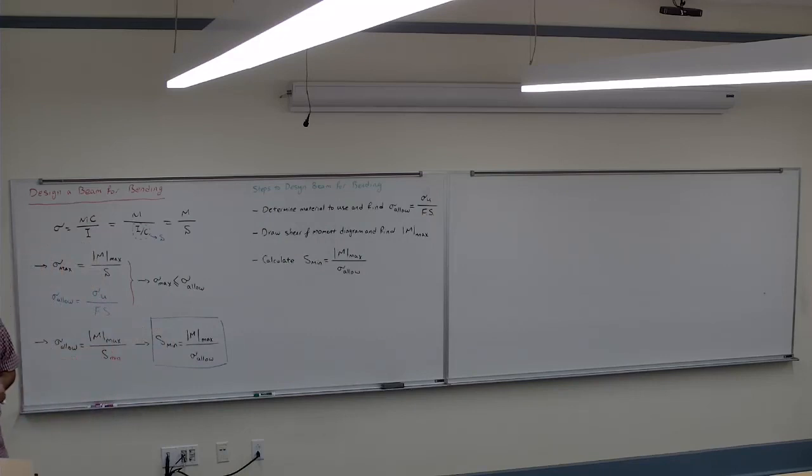Now it comes to your question. Now that we know the S, how are we going to find the cross section itself? There are a couple of ways of doing that.